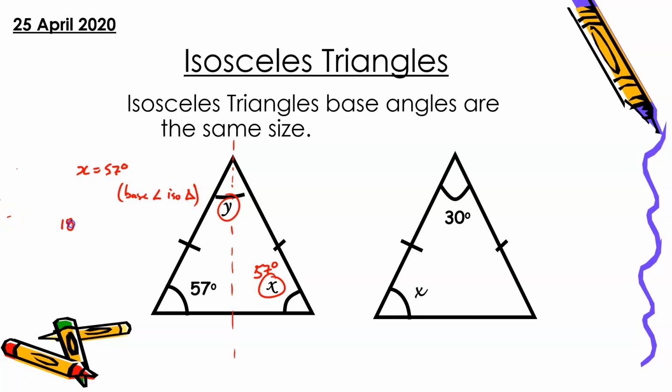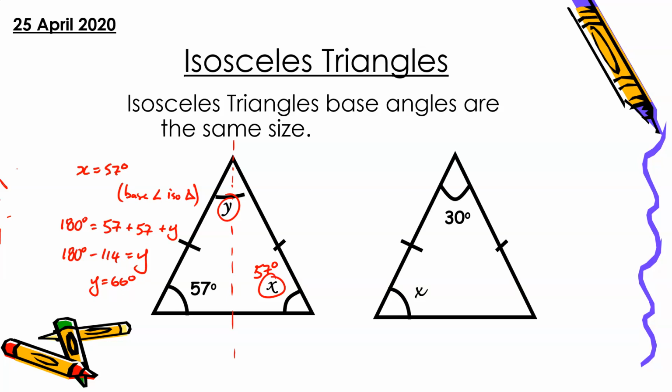So 180 equals 57 plus 57 plus y. That means 180 take away 114 must be equal to y, which leaves us with 66. y is equal to 66 degrees.